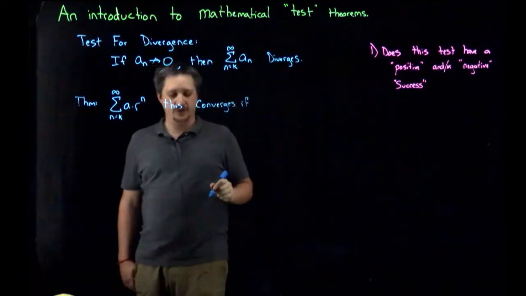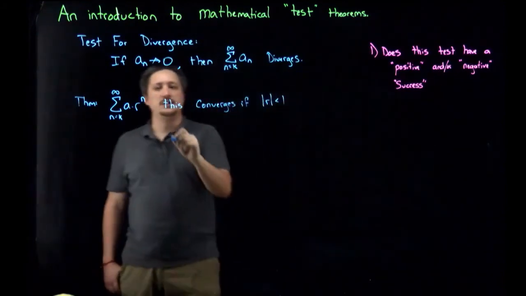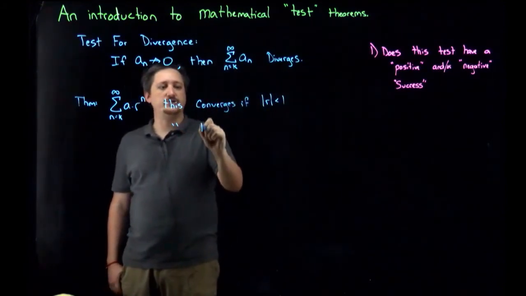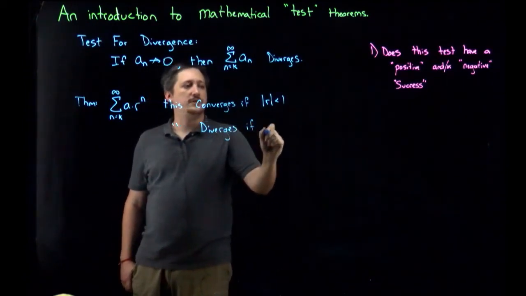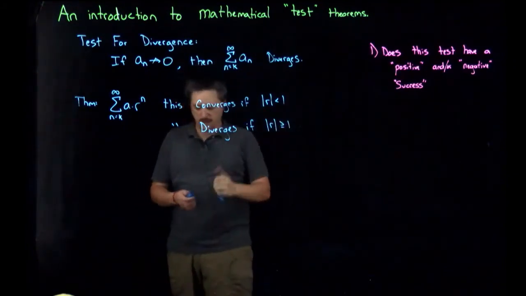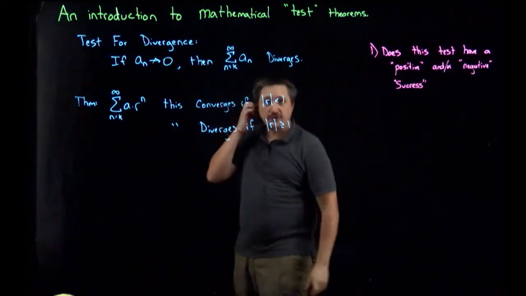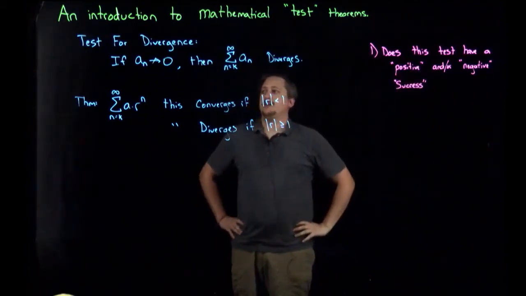I'm writing this a little weirdly, but this converges if r is less than 1, and this diverges if r is greater than or equal to 1. Okay. So this is a good way of showing what I mean when I say positive and negative success.